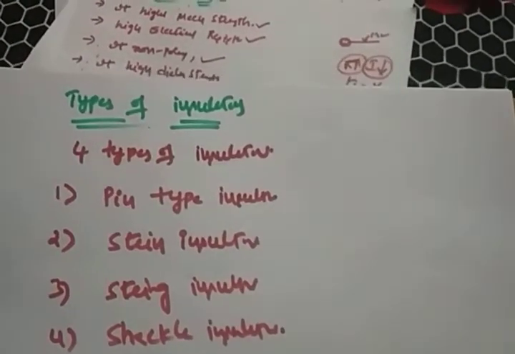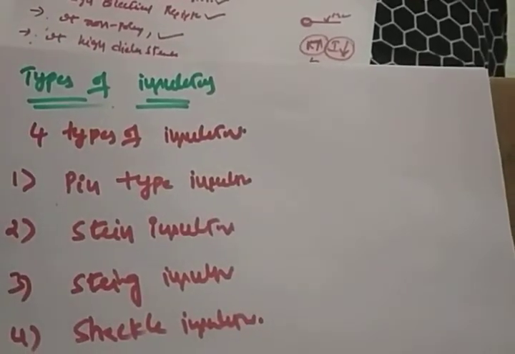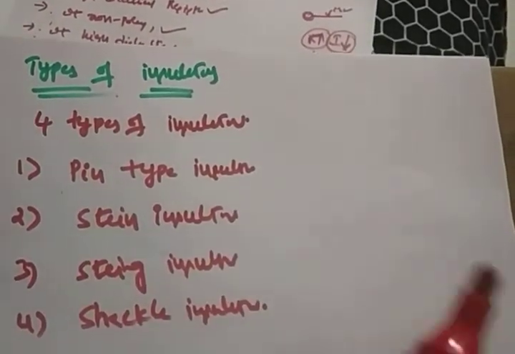What are the properties? An insulator has high dielectric strength, high electrical resistance, is non-porous, free from impurities, has no cracks, and can withstand high temperature.